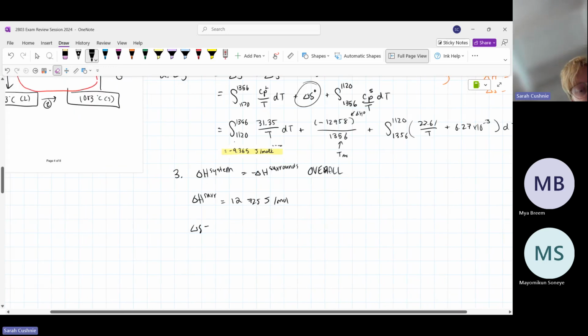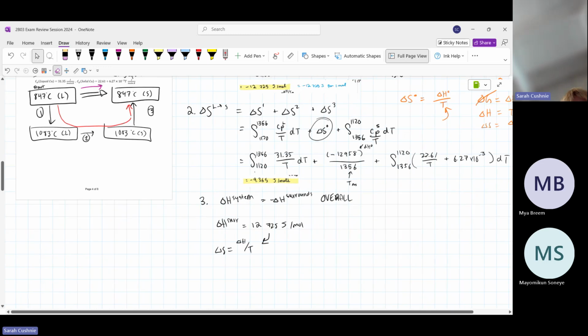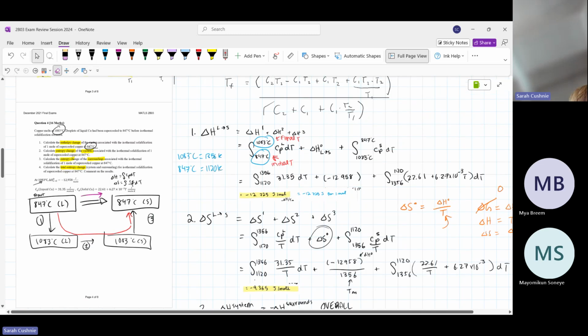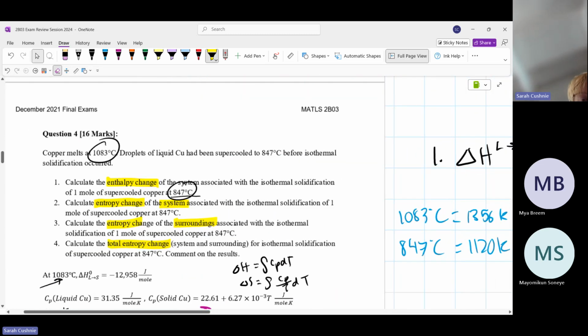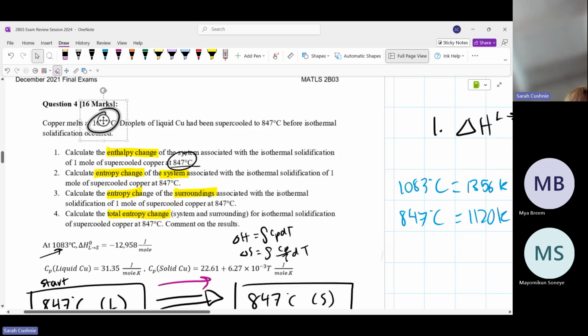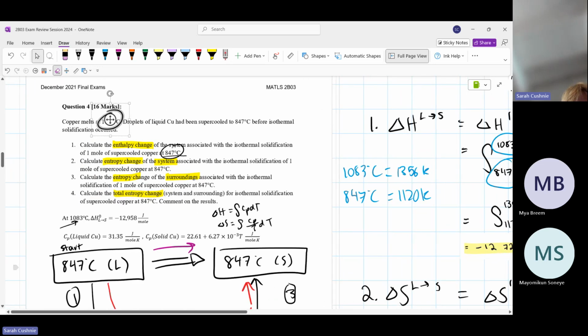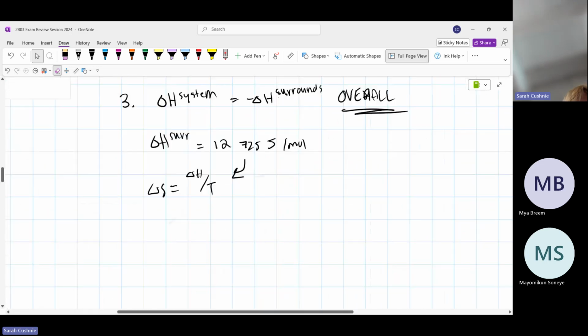Now remember that delta S, as we went through before, is equal to delta H over T. So to get delta S of the surroundings, we can plug this in. Now you're like, but Sarah, what temperature do we use? And again, this is overall. If you're looking at the actual reaction that's going on, it's isothermal, right? We're staying at the same temperature. It's isothermal solidification. So that means that we're going to be staying at the same temperature of 847 degrees C, or 1120 Kelvin, the entire time.